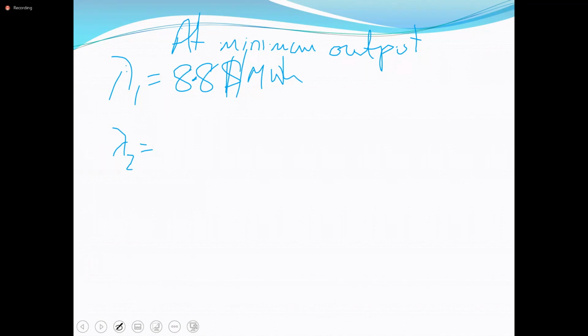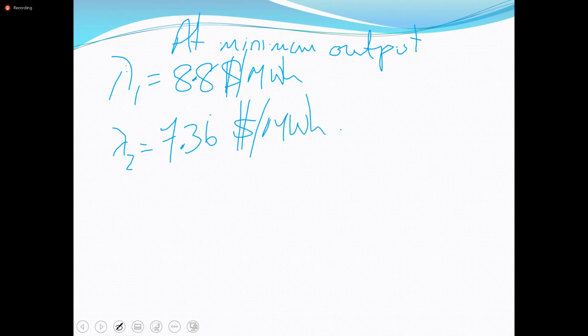Miss Michael, lambda 2. 7.36. Okay. So lambda 2 is 7.36 dollars per megawatt hour. Okay, all right. So we have lambda 1 and lambda 2.